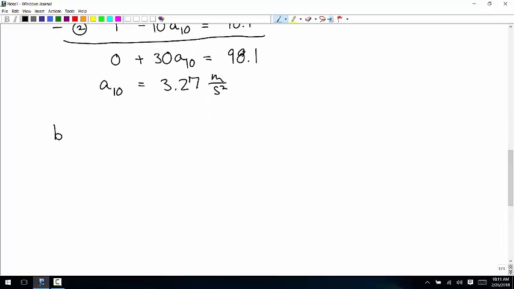So now for part B, we're going to assume that the mass is 1 kilogram and the radius is 5 centimeters. What this changes fundamentally in pulley problems is that you can't assume that the tension in the cable is the same on the two sides of the pulley anymore.